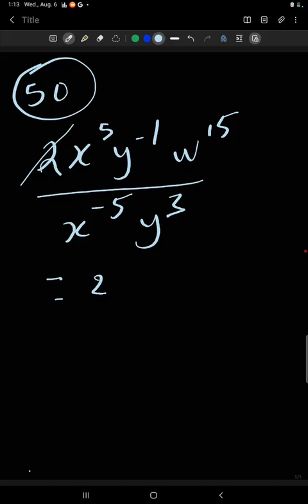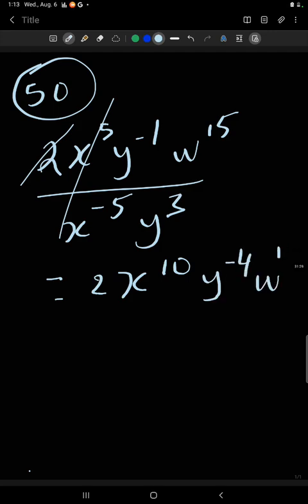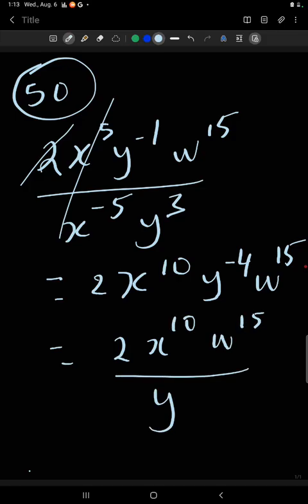So the powers will subtract the denominator power from the numerator power. So I get x to the 10th power. The x's are dealt with. Y negative 1, negative 3. So it's y to the negative 4. And then I have my w to the 15th power. That remains. And then in total, when everything is cleaned up, this becomes y to the 4th, right?